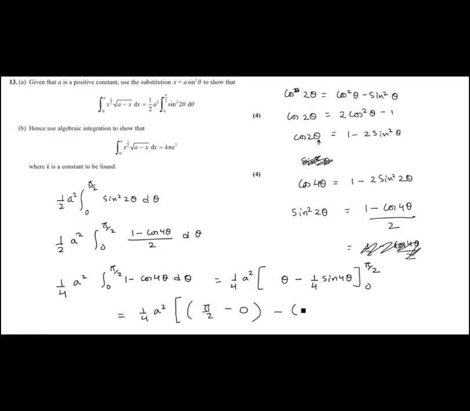So when theta is 0, 1 by 4 sine 4 times 0 is sine 0, which is 0. So this is all 0. The only thing left is pi over 2. So this becomes 1 by 4 times pi over 2 becomes 1 by 8 pi a square. That means if we compare this with k here, k is 1 by 8. So that's the answer for this one.